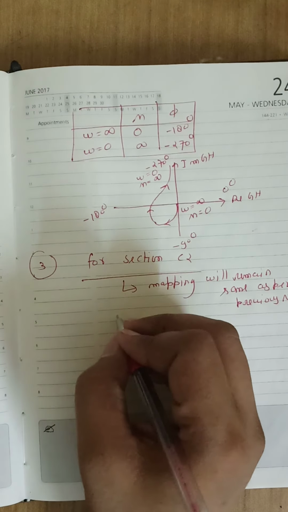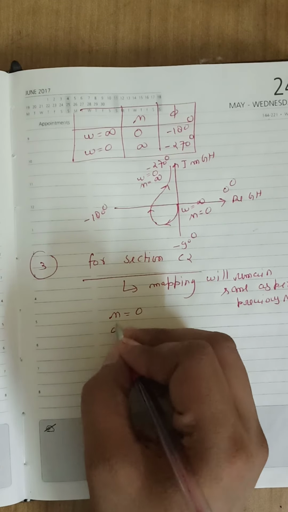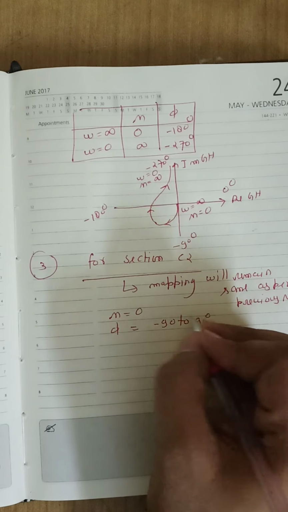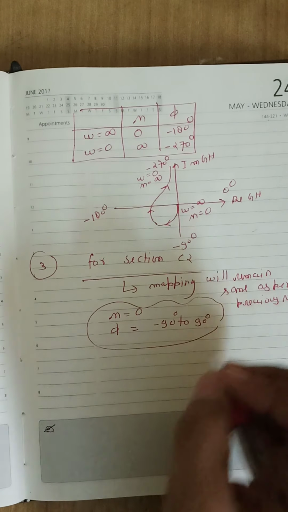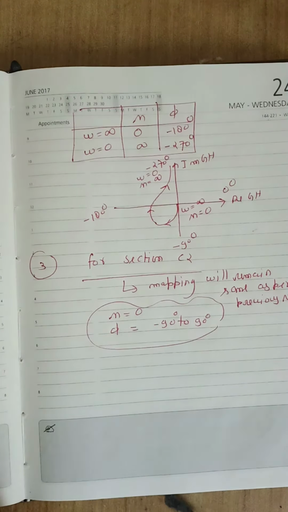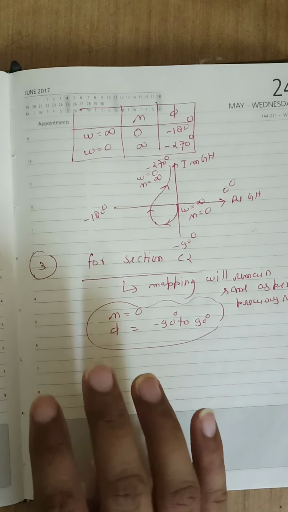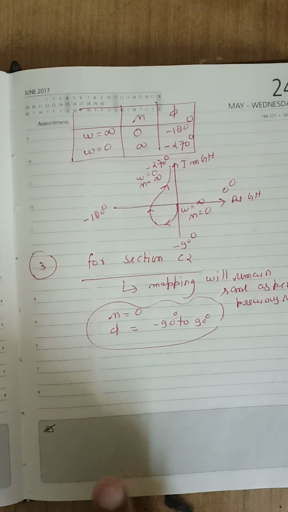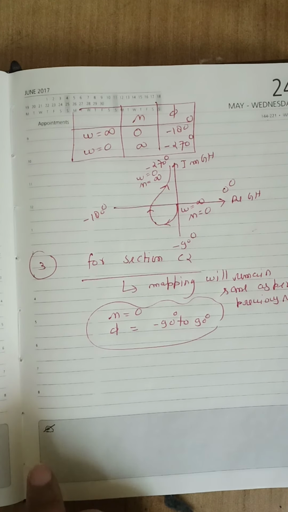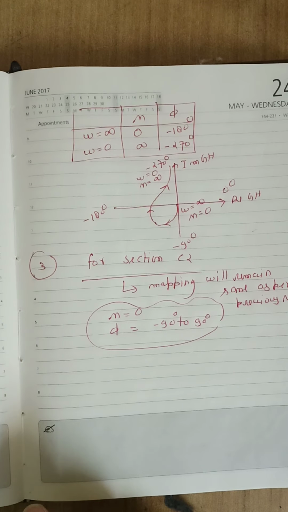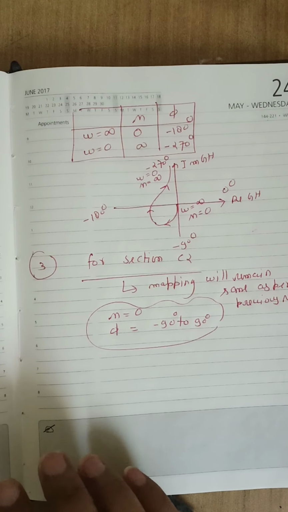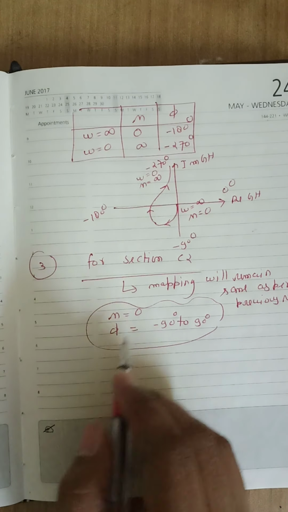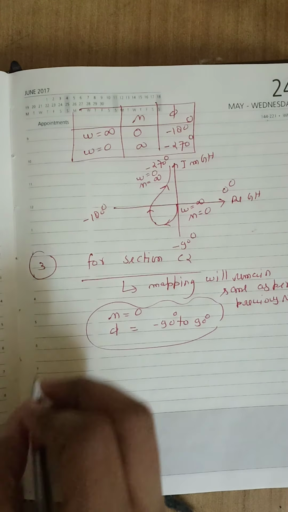So here we have magnitude 0 and phase angle from minus 90 degree to plus 90 degree. Already we calculated this in the previous numerical, that's why here I am not showing any calculation. So you can say C2 in the S plane is mapped to a point at the origin in the GH plane, magnitude 0, phase angle minus 90 degree to plus 90 degree.